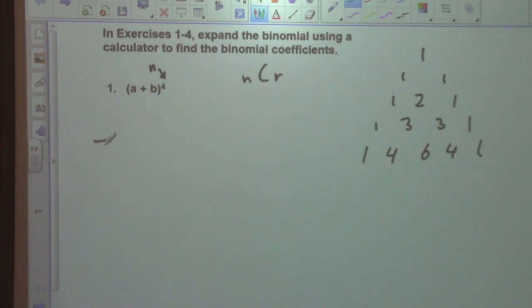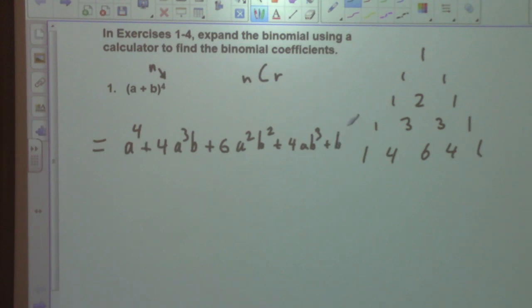So now you can write out your answer: 1 a to the 4th, plus 4 a cubed b, plus 6 a squared b squared, plus 4 a b cubed, plus 1 b to the 4th. This is your whole expansion right here. Is that the answer? That is your answer.